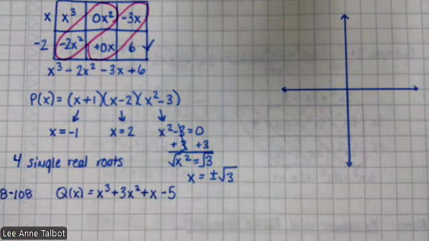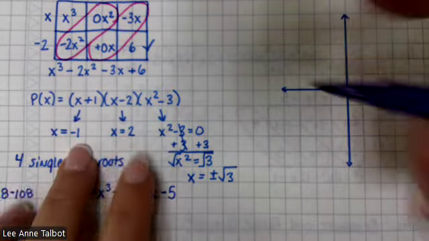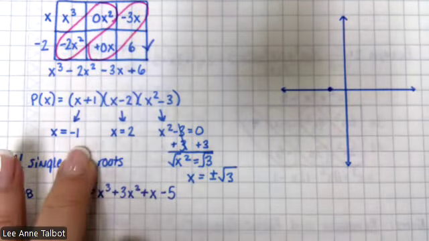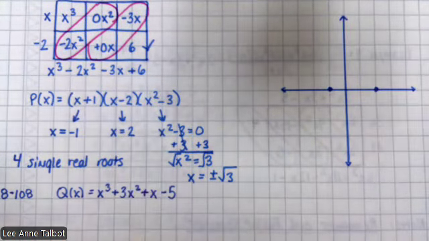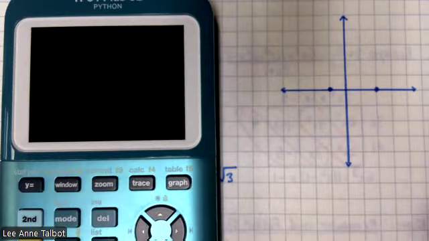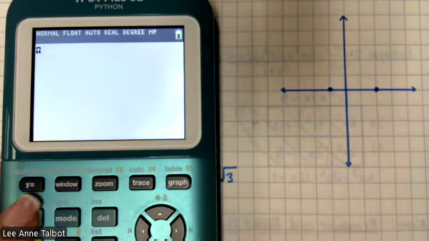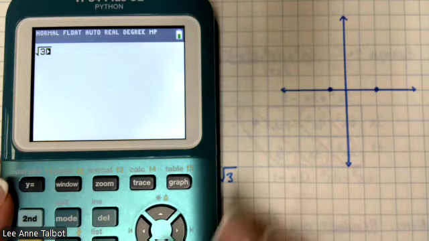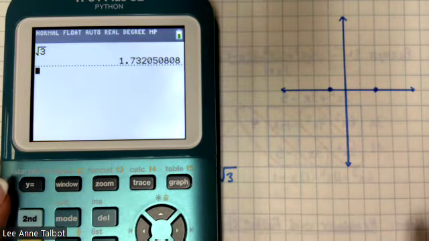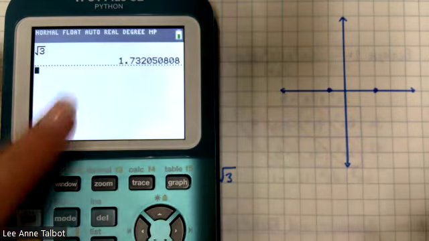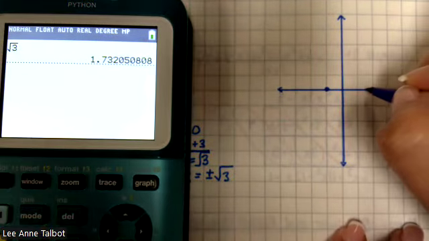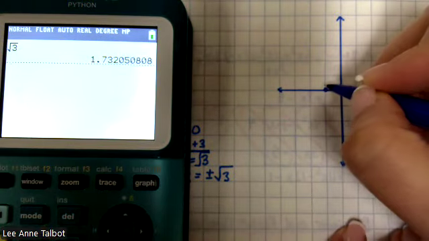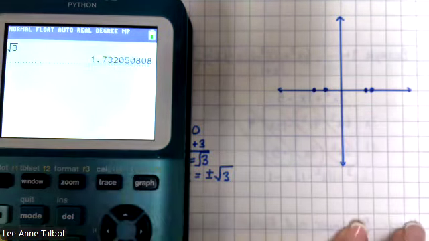Okay, and now I'm going to just sketch the graph as best I can. So I have x equals -1, x equals 2, and then I'm going to say, I don't remember what the square root of 3 is. Actually, I do. It's 1.7. But anyway, I'm going to say I also have roots at positive 1.7 and negative 1.7.